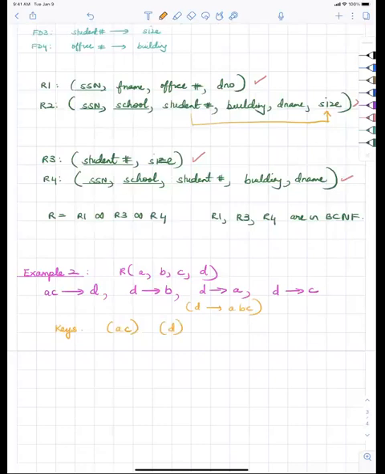They both are keys. So the question is, is R in Boyce-Codd normal form? Before you start dividing, you have to first look at it and see, is it in Boyce-Codd normal form? Because there are two functional dependencies, AC goes to D and D goes to ABC.